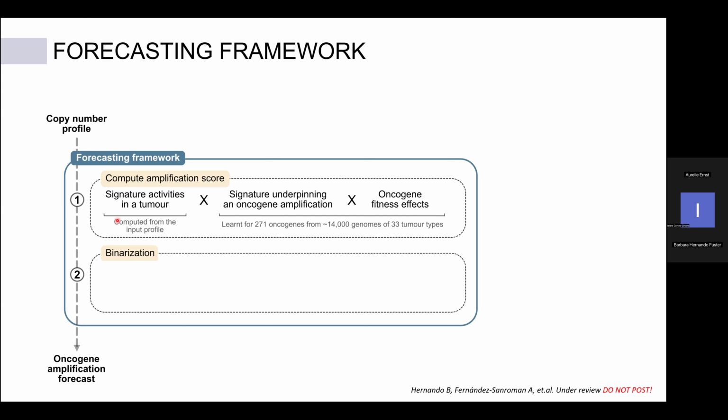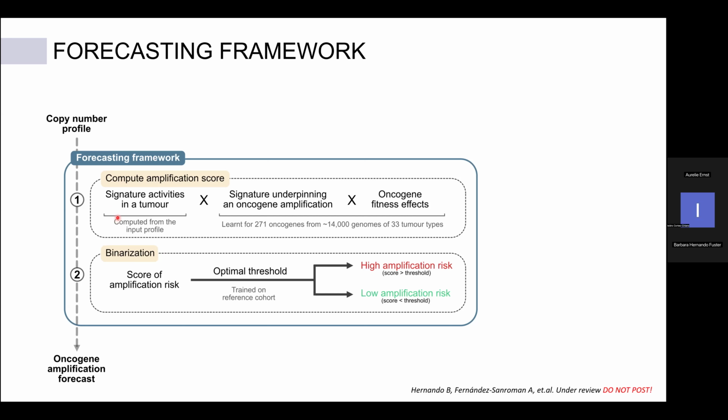For that, we train an optimal threshold in a reference cohort. We have a reference score for the different clinical use cases where we apply this framework. And with this threshold, we can classify the patients as having high risk of acquiring this oncogene amplification, or low risk of acquiring amplification. And that is actually the output of this framework.